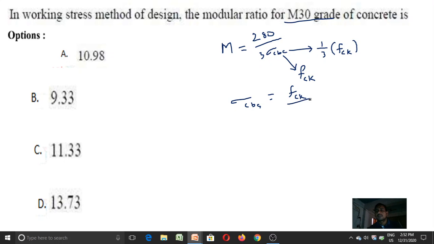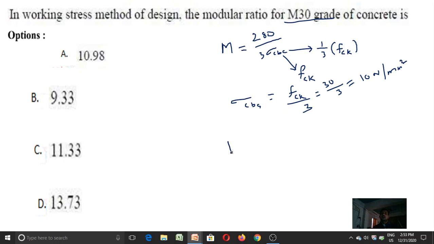Here the grade of concrete is M30, so the characteristic compressive strength is 30, and 30 by 3 is 10 N/mm², which is the permissible compressive stress in bending.